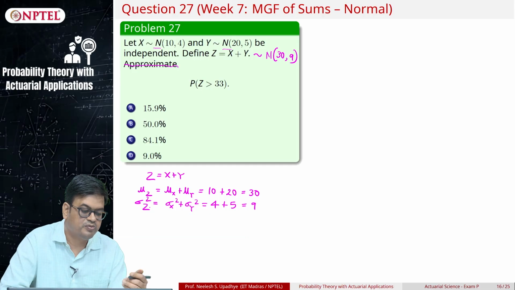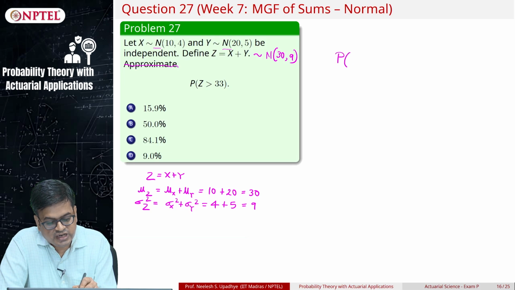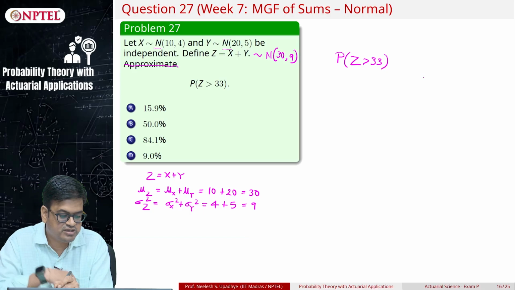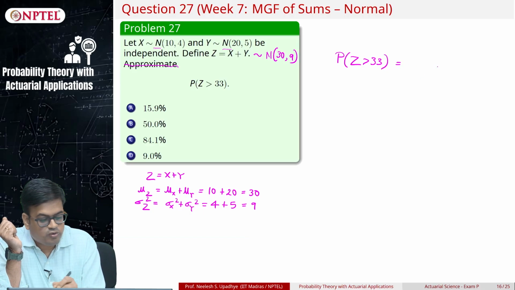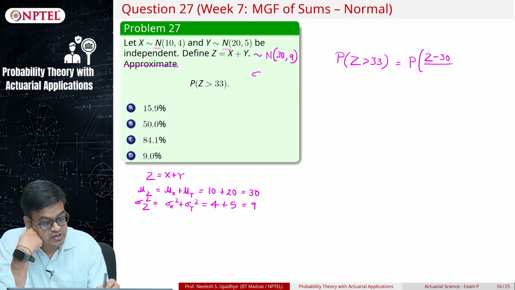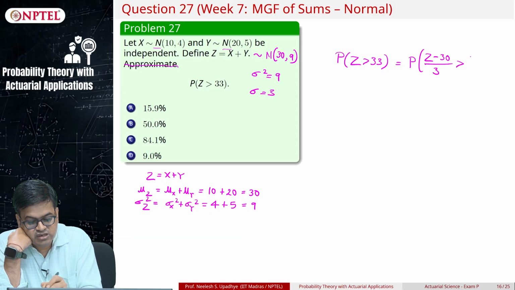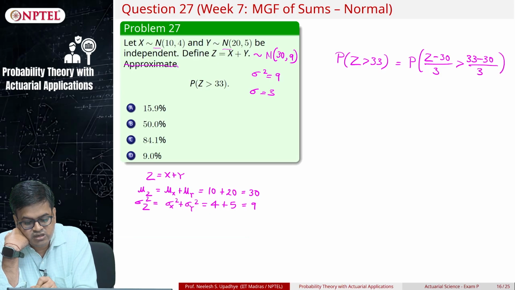So, now I want to find probability of z greater than 33. No continuity correction needed, nothing needed, it is actually a normal distribution. So, what I have is probability of z minus the mean upon sigma. So, here is the trap, sigma squared is 9, sigma is 3, so 3 divided by 3 greater than 33 minus 30 divided by 3.